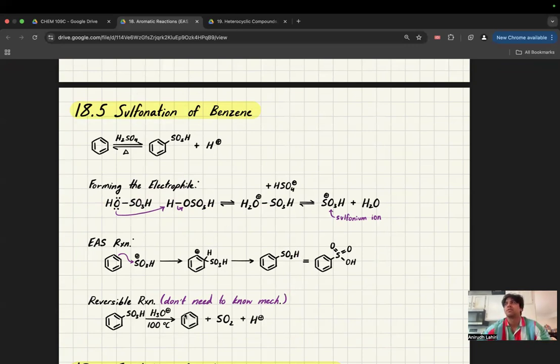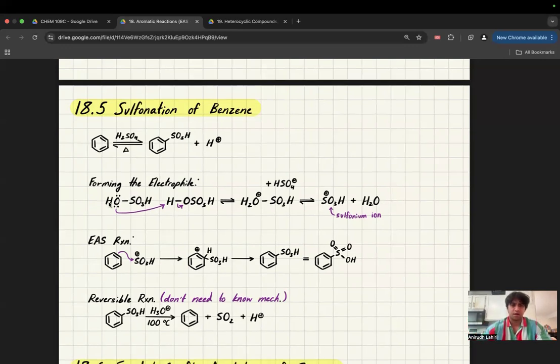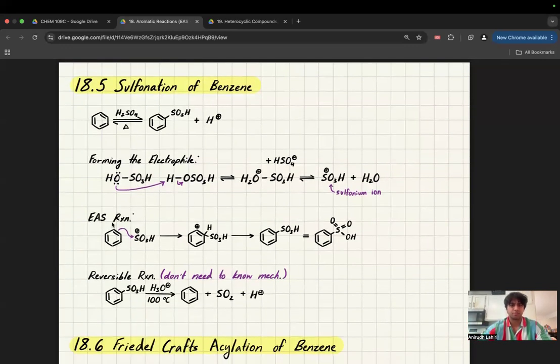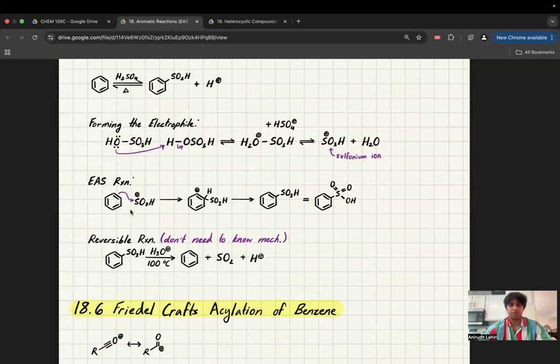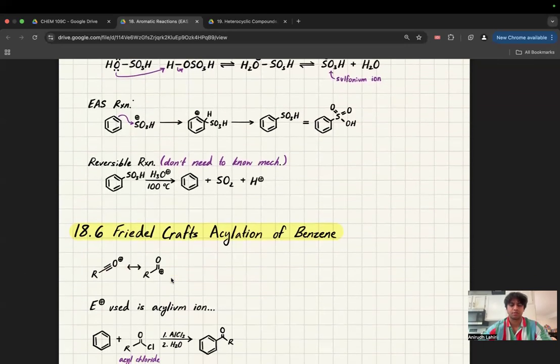It has to do with the energetics and electronic structures associated with it. I guess it's the same reason that adding an ester to a carbonyl compound is reversible, right? The steps that we take to get there are relatively flat. But anyway, formation, EAS, cool. And this is just showing you how to reverse it. Again, you're not on the hook for the mechanism, but it's relatively straightforward.